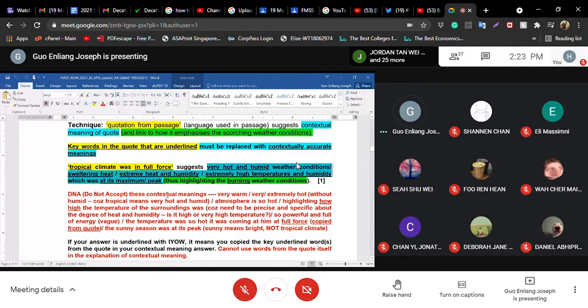Okay. So how do I know this is a keyword? First of all, a word like was is definitely not a keyword. It's just is, was. You don't expect yourself to substitute this. And the word climate is not a keyword because I think it's more of a geographical term. All right. So it's very unlikely that Cambridge will ask you to substitute the word climate because it is very much a geographical term.